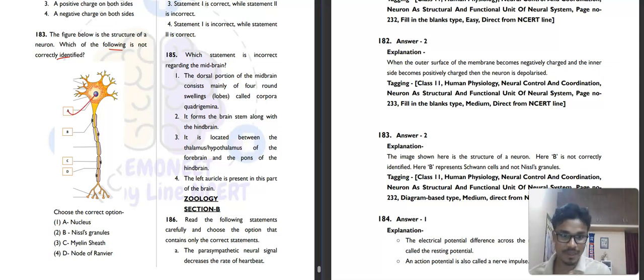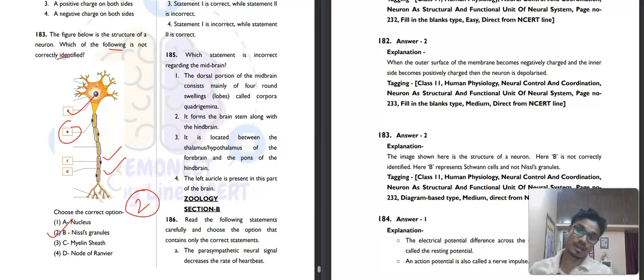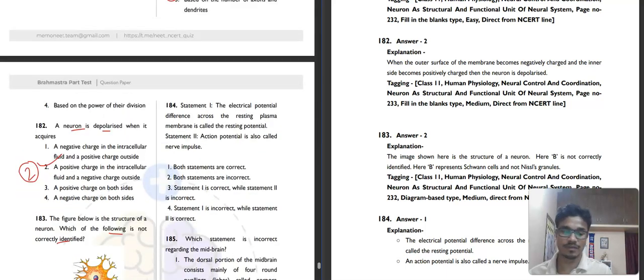So B is not correctly identified. B represents the Schwann cell, not Nissl granules. Okay. C is the myelin sheath, correct. Then D is the node of Ranvier, correct. So here B, the second option, is the correct answer, and B here represents the Schwann cell, not the Nissl granules. And question number 184.